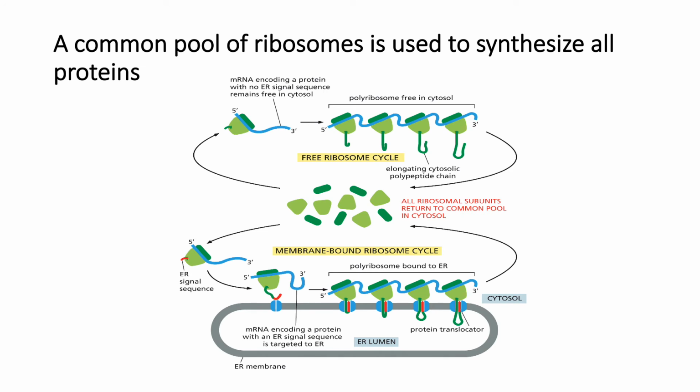So the first thing to note is that there is one pool of ribosomal subunits. Remember, the ribosomal subunits are separate, and then during the initiation process, they come together and make the full ribosome. So the small and the large are separate. That's what's shown in the middle. Now, on the top, it's showing the free ribosome cycle, and that's pretty much what we looked at before.